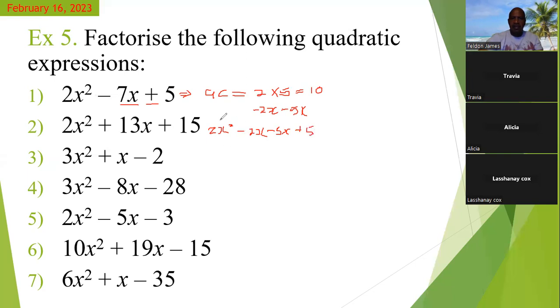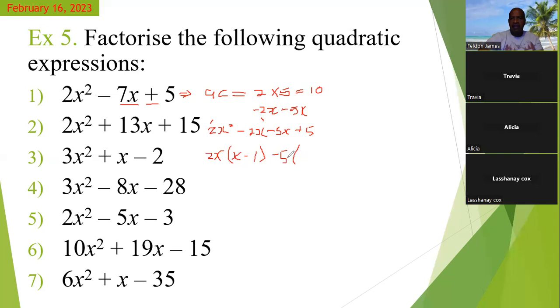Now we factorize the first pair. Common factor would be 2x. So we say 2x into 2x squared will just simply give you x. And 2x into itself, negative into -2x, give you a -1. And now common factor here would be 5. So we choose -5.